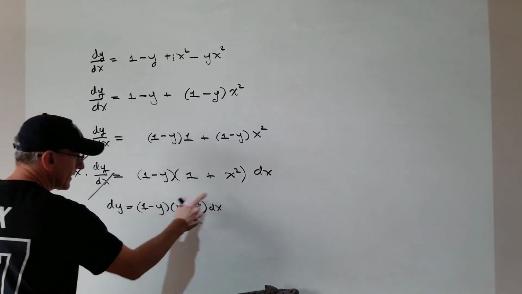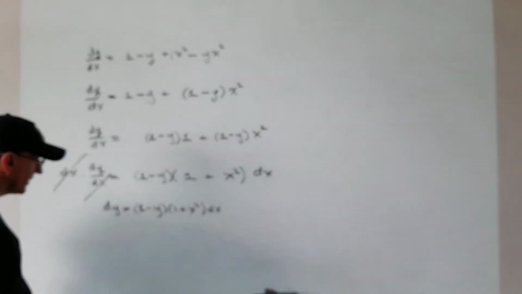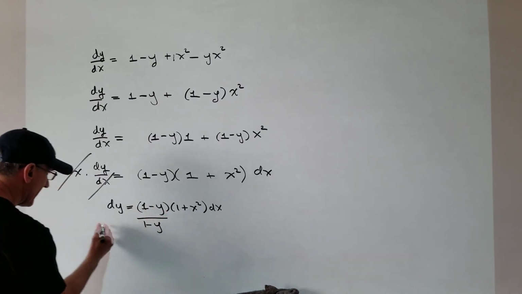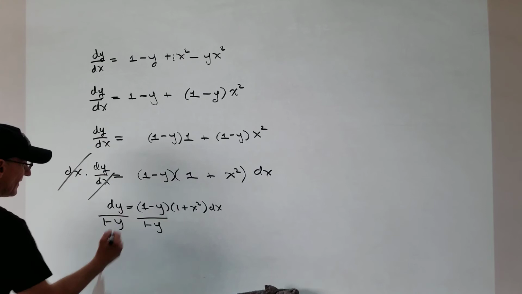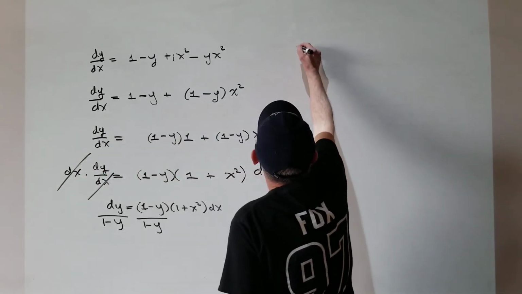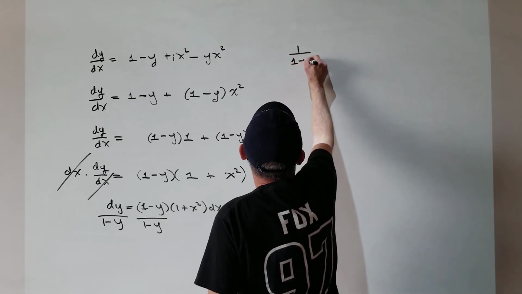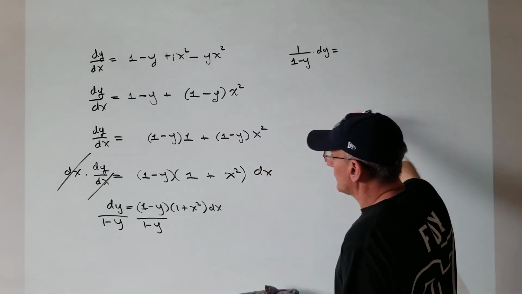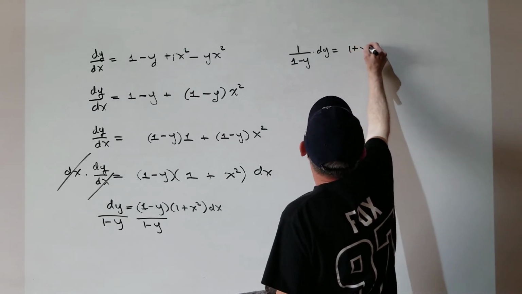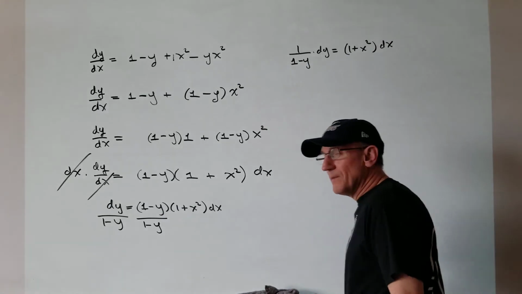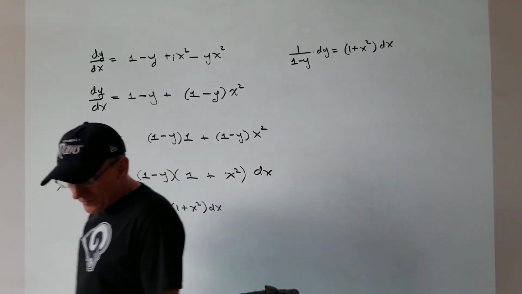Right, because we've got all our x's established over here with the x differential. This is the one that's out of place. So you divide by 1 minus y, like that, and you get this. Okay, that's separated, and it's ready for antiderivatives.